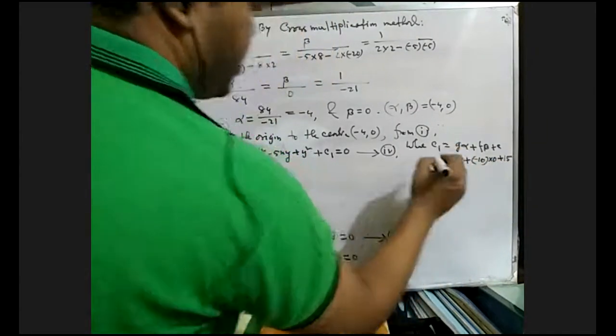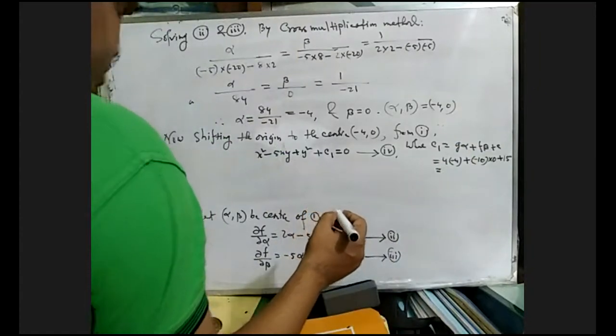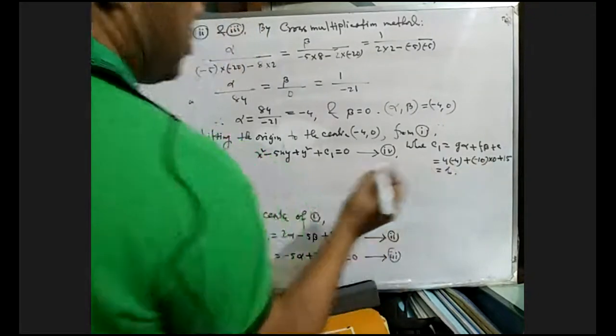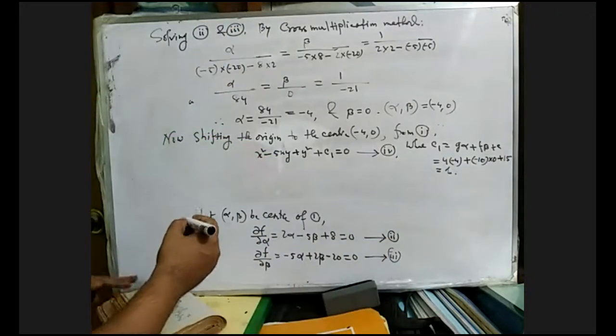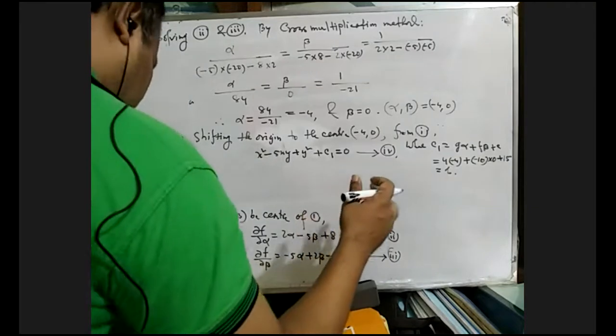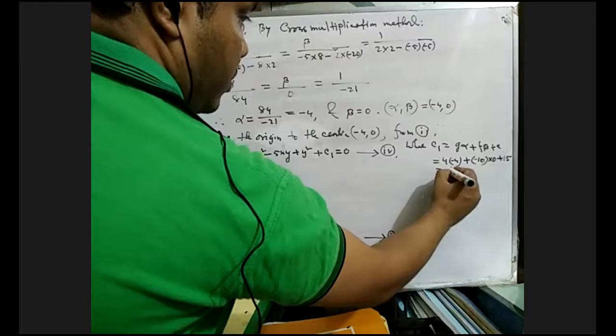So from this, c1 equals minus 16 plus 15, which equals minus 1. Yes, this will be minus 1.